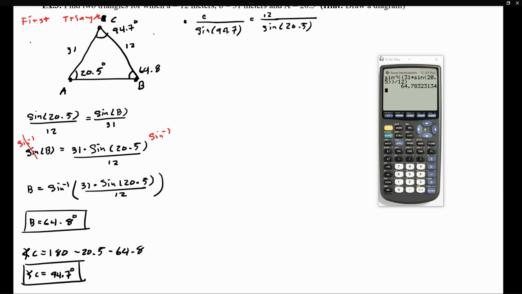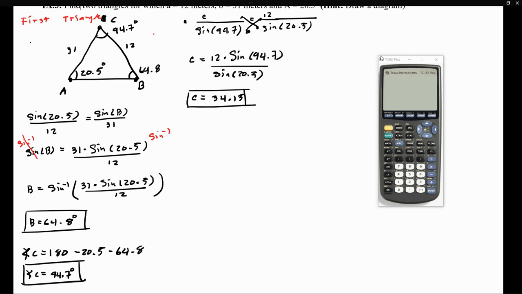We're solving for c, so now c is going to be equivalent to 12 times the sine of 94.7, because we're cross multiplying, over the sine of 20.5. If you would have put this in your graphing calculator, you would have got 34.15.